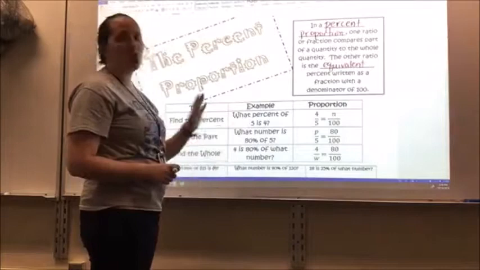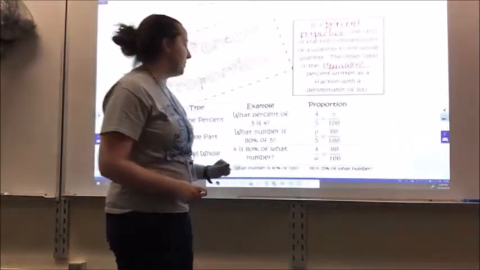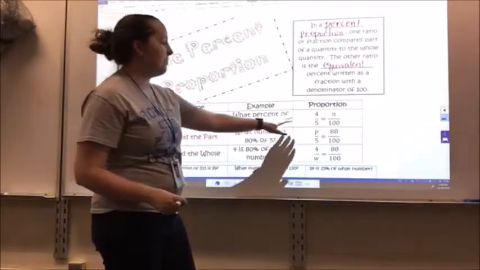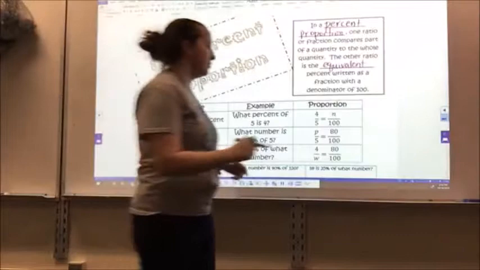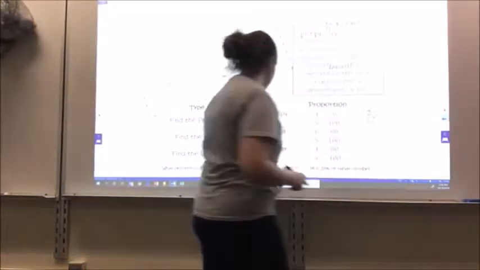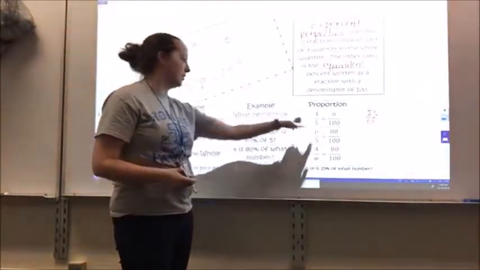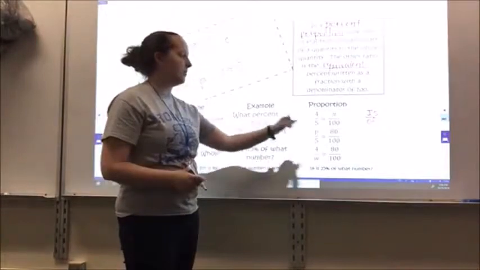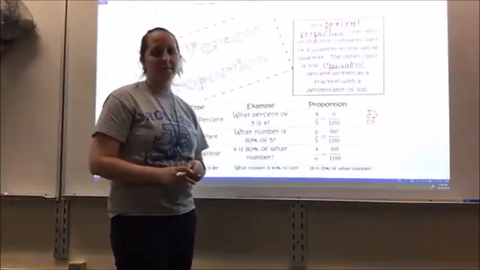My percent is always over 100, and my proportion is set up as is over of. The number that follows is is 4. The number that follows of is 5. So 4/5 equals n over 100.